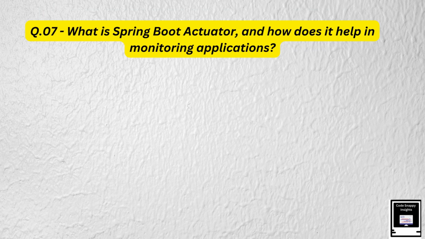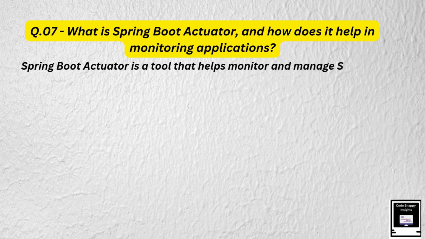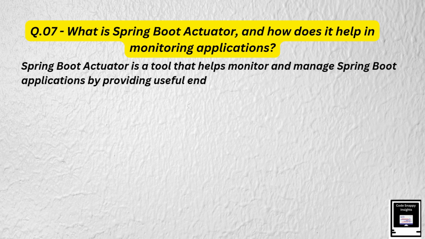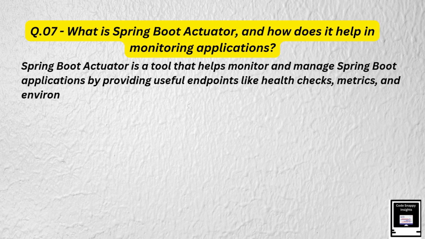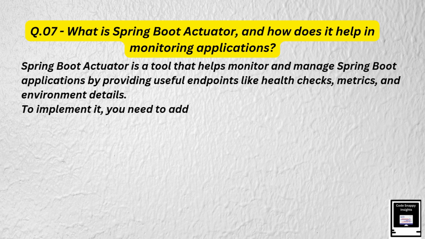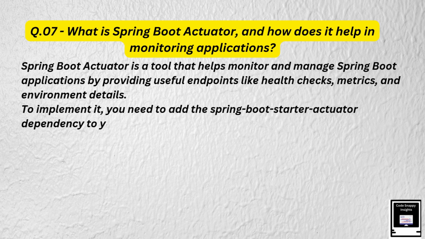Next question: what is Spring Boot Actuator and how does it help in monitoring applications? Spring Boot Actuator is a tool that helps monitor and manage Spring Boot applications by providing useful endpoints like health checks, metrics, and environment details. To implement it, you need to add the Spring Boot Starter Actuator dependency to your project.